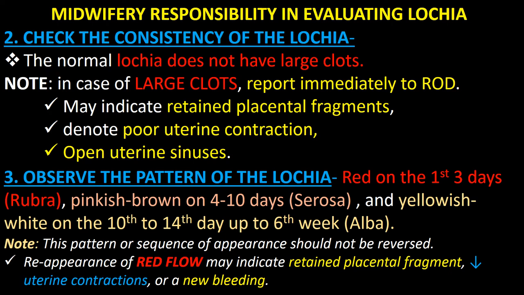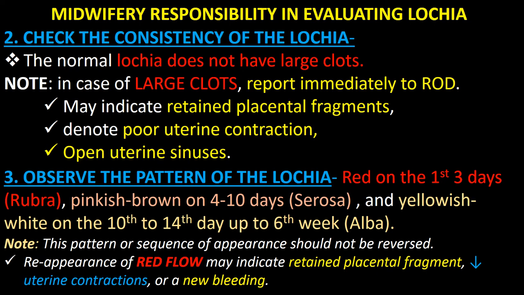If there is a reappearance of red flow, this may indicate retained placental fragments. For example, when the mother is already on the 4th or 7th day, you expect that she will already have pink lochial discharge, but you see red flow again from the mother's vagina. That may indicate, again, retained placental fragments.